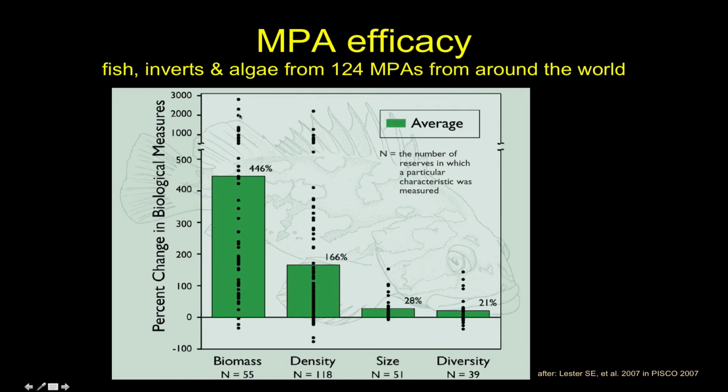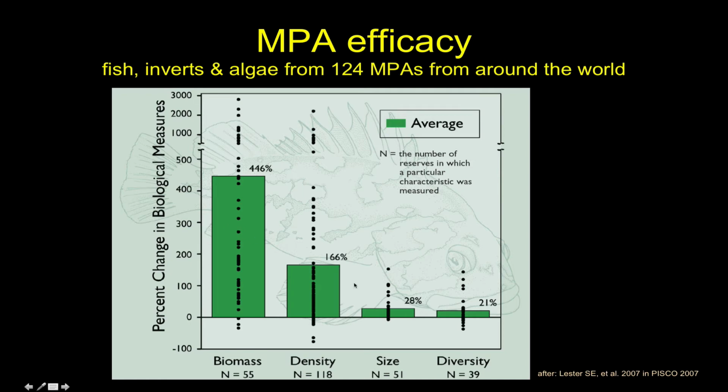There are some areas where these marine protected areas have done incredibly well, many orders of magnitude greater impact. There are also some sites where they have degraded. They've gotten even worse. So we see biomass, boom, quick. Density, also fairly large.